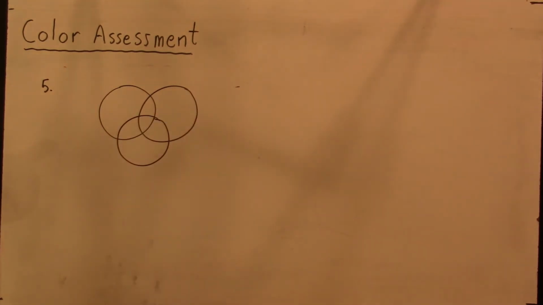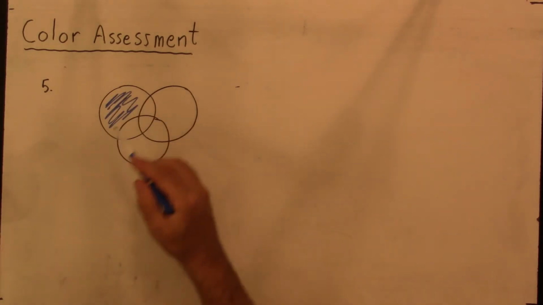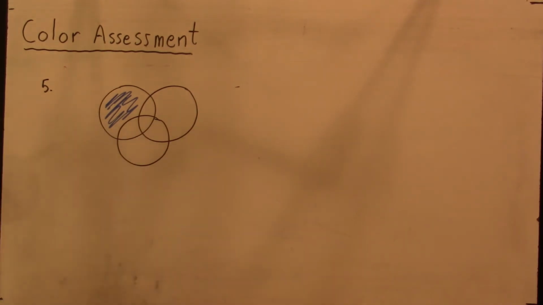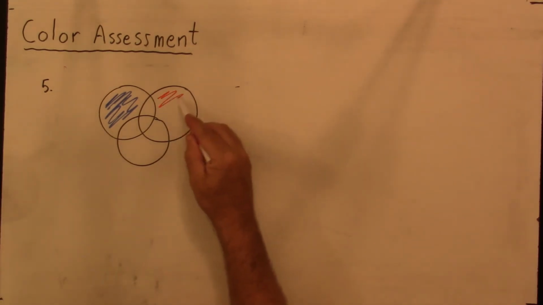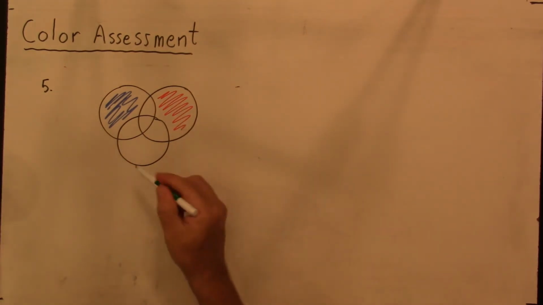Now, I can't color this in a way that's meaningful, but if we put like the blue, we'll say this one's the blue here, and then we'll put the red one over here, and we'll put the green one down here.